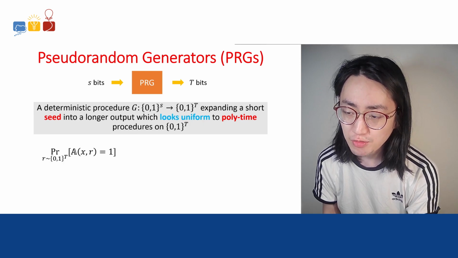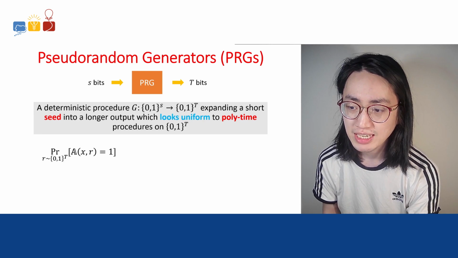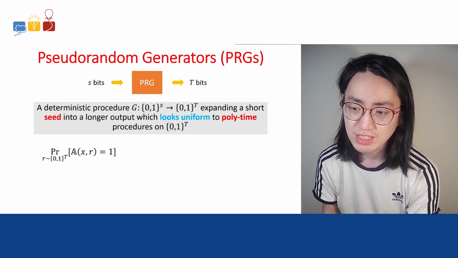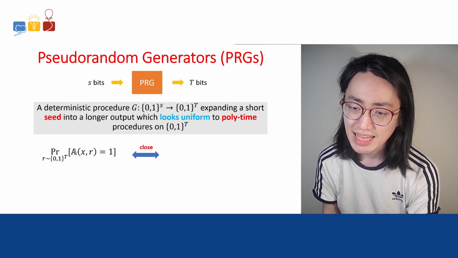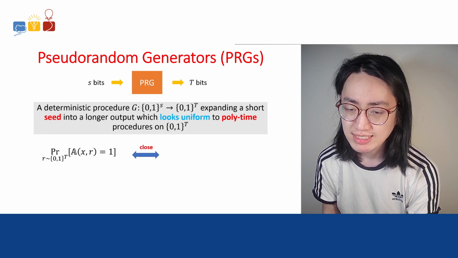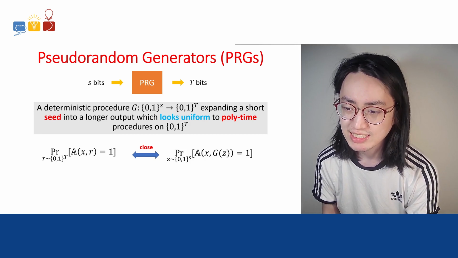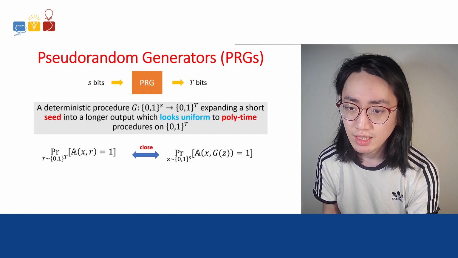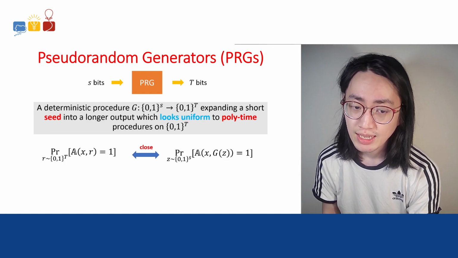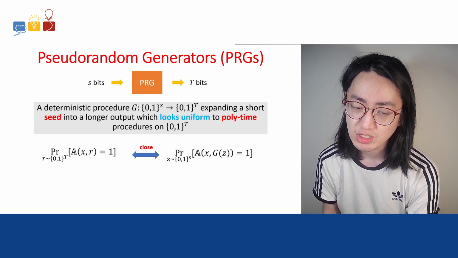By looks uniform, we mean that the acceptance probability of the given procedure over the uniform distribution is close to the acceptance probability of the same procedure but given the output distribution of G instead. By the output distribution of G, we mean that we feed G with the s-bit uniform distribution and we look at the output distribution of G.